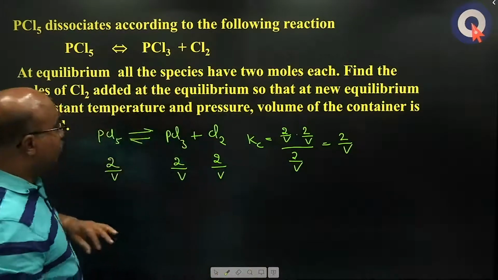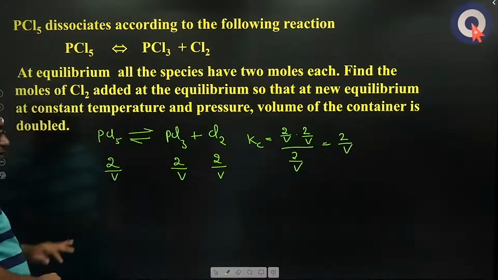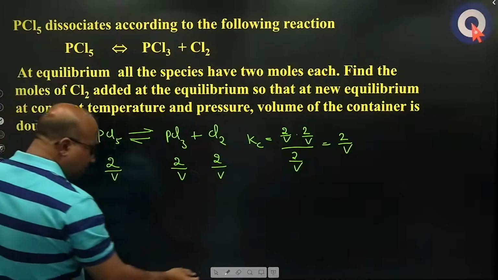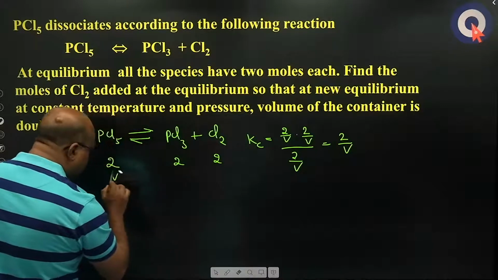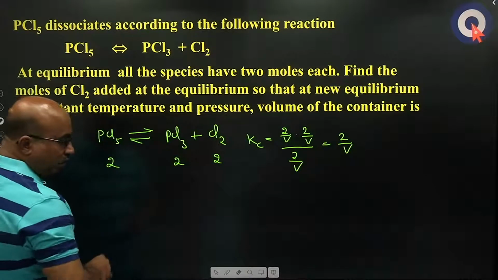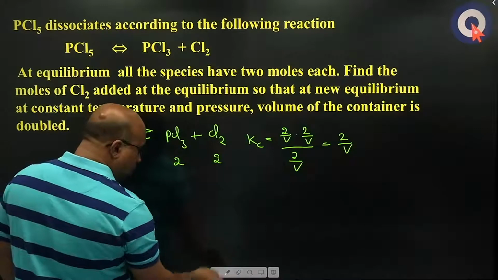So again take a variable for how much Cl2 is added. I erase this and utilize the same setup for the next calculation. Already there are 2, 2, 2. We added some moles of Cl2. How many moles did we add?